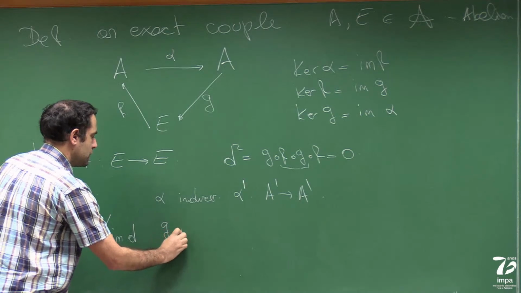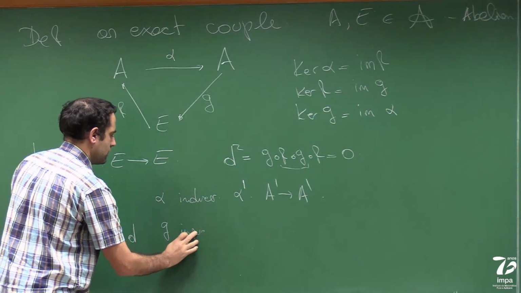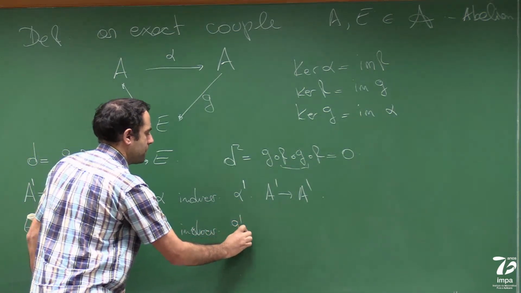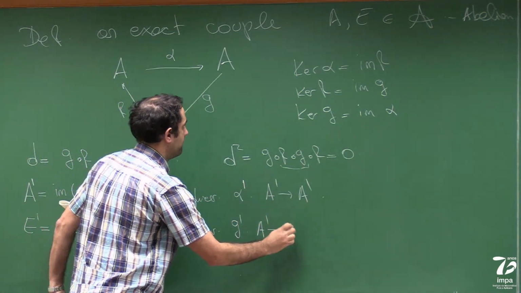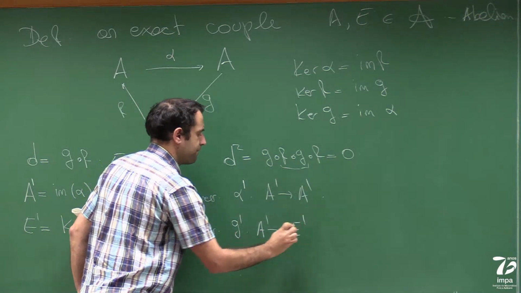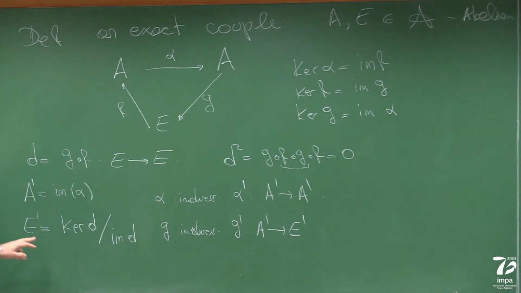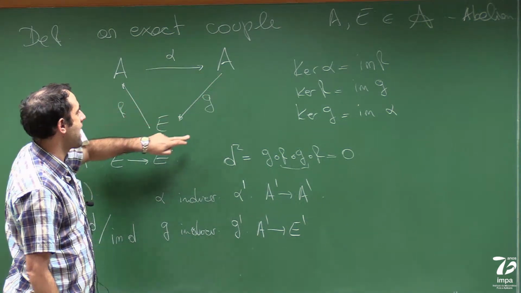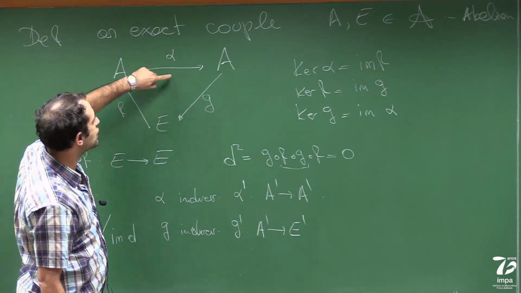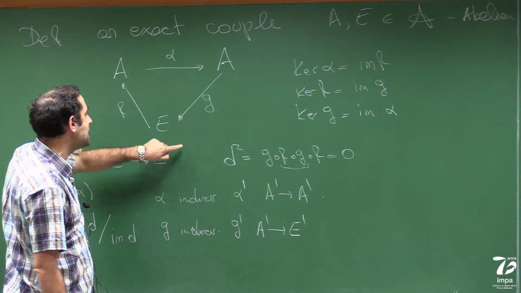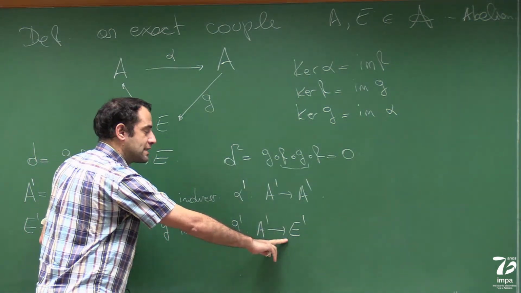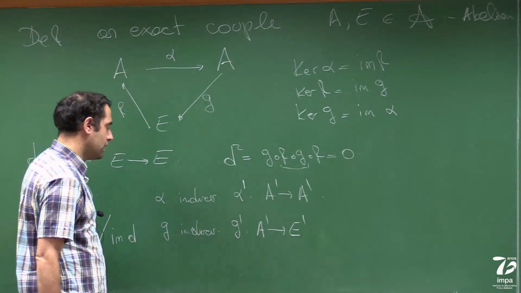G induces G prime from A prime to E prime, because E prime, by definition, is a subquotient of E, and G gives me a map from A to E. If I restrict it to the image of alpha, then I am landing on the kernel of the differential, so I can view it as a map from A prime to E prime.